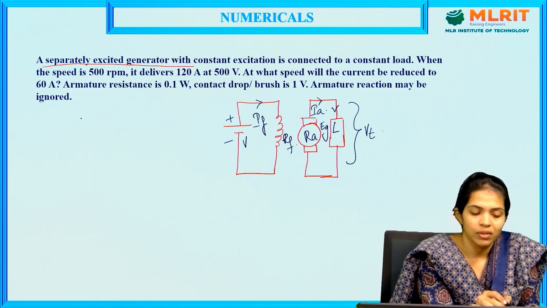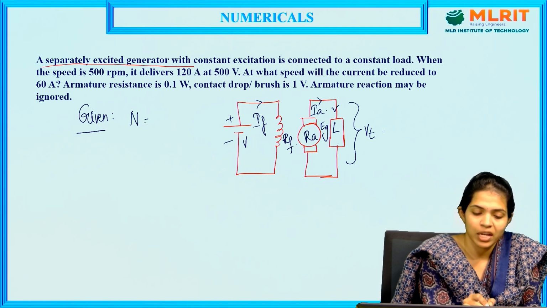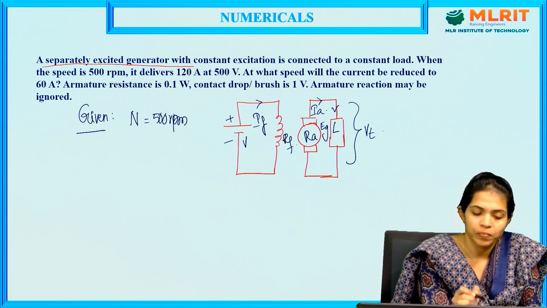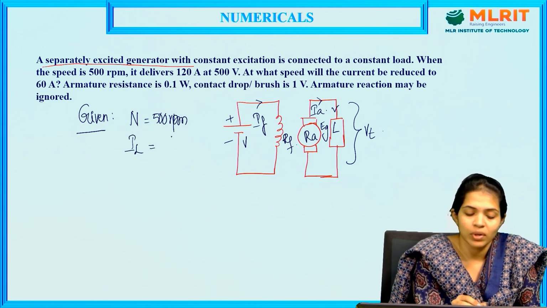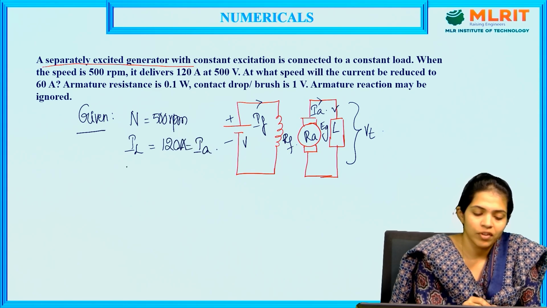So now, let us list out the given data in the question. He has given the speed as 500 RPM. The armature delivers 120 amperes to the load, so I can consider this as the armature current at 500 volts.